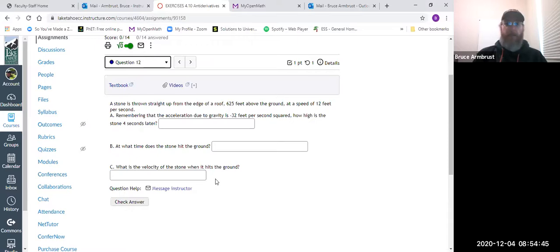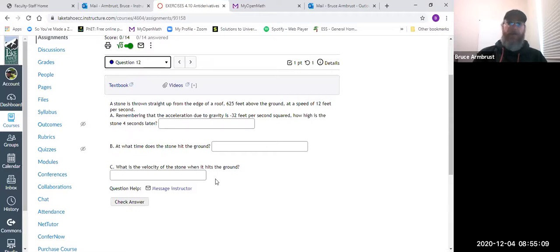We're basically looking for a function that tells us the height, right? We'd love to have a function that you plug in a time and it gives you a height, gives you a position. But we're not given it. And in fact, all we're told is the acceleration.